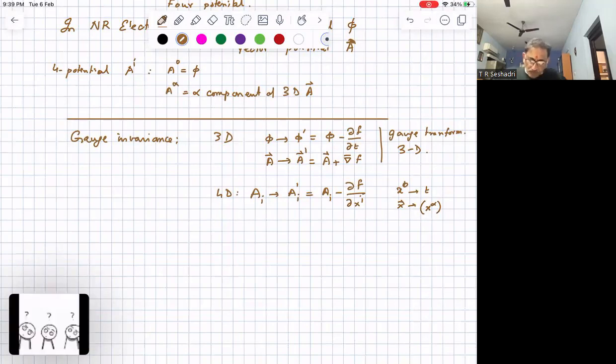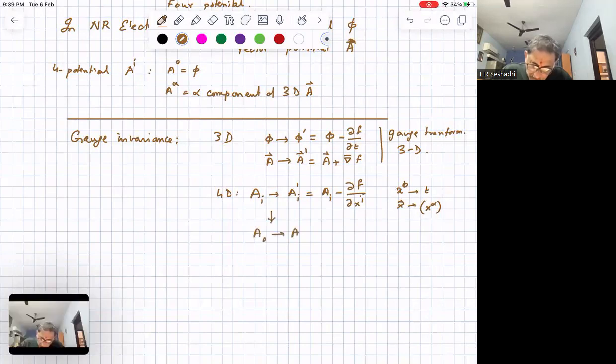Yes. So, for example, A0 goes to A0 prime equal to A0 minus del F by del t. And here you have to be careful. A alpha goes to A alpha prime equal to A alpha minus del F by del x alpha.